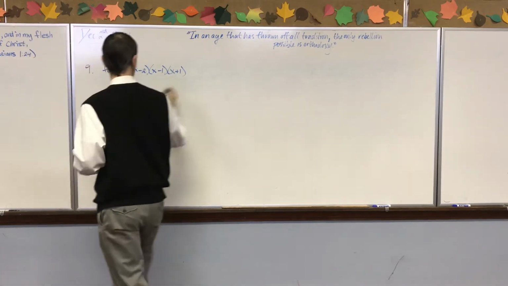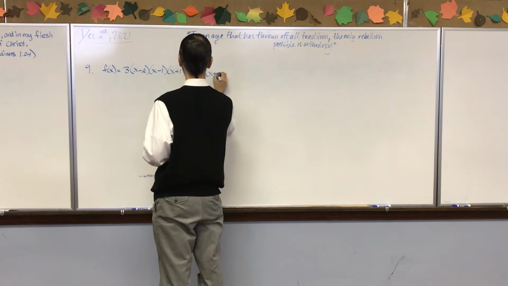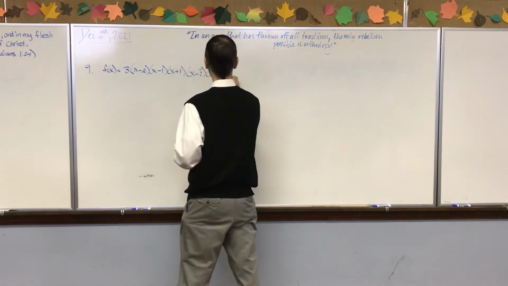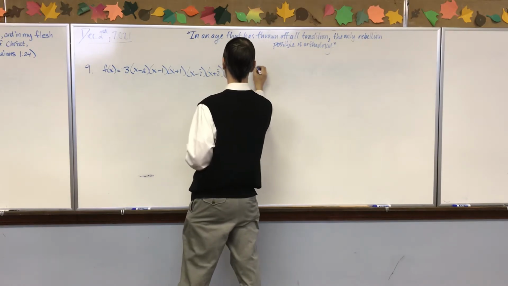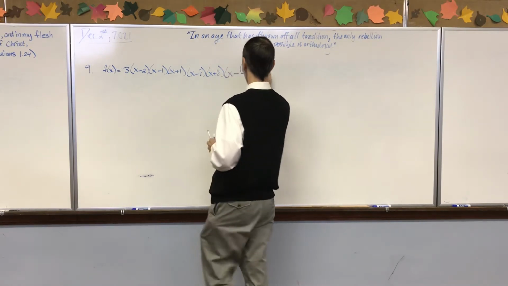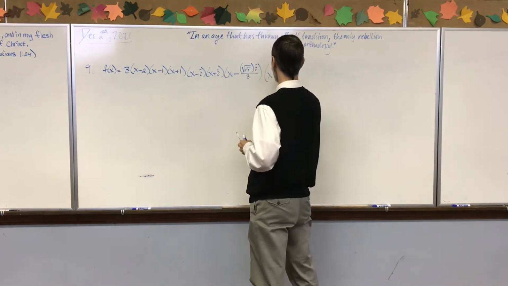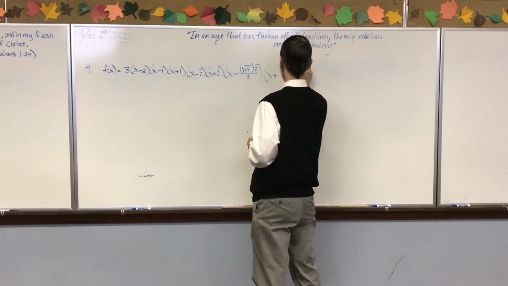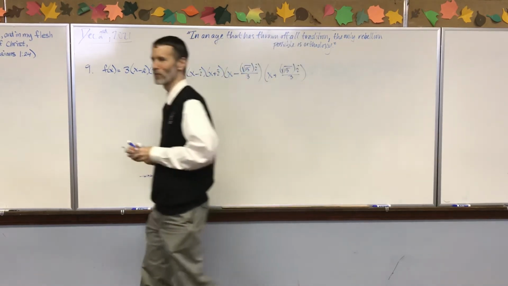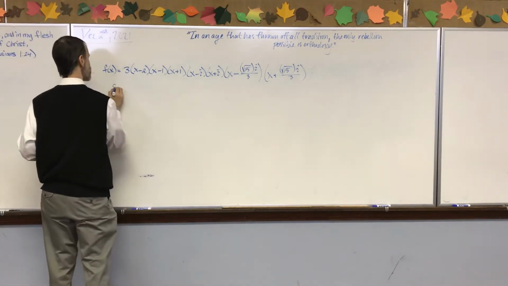Then the other 4: x minus i, x plus i, x minus radical 15. Put that in parentheses so the i doesn't look like it's in the square root. And then the other one is x plus that thingy. There you go. So there's the factored version. However, I will accept this.